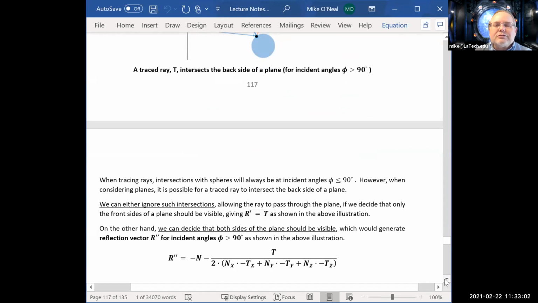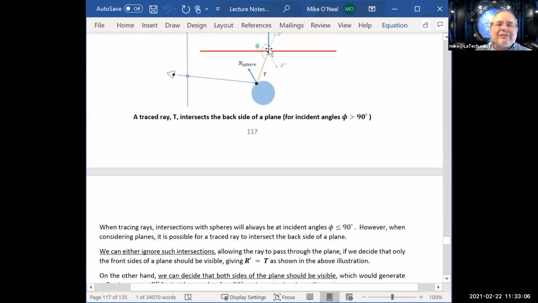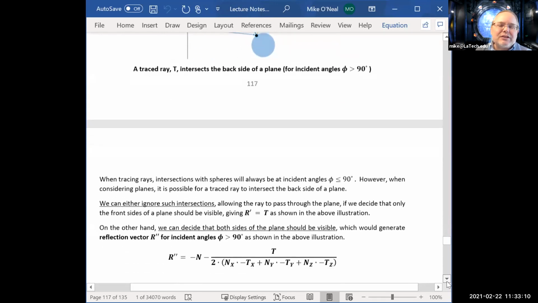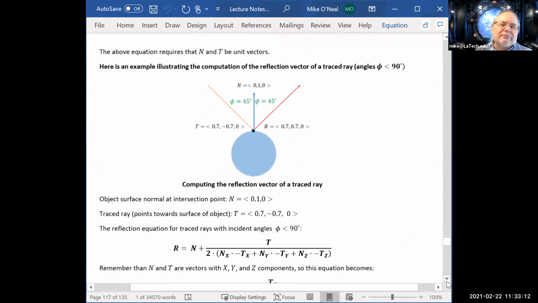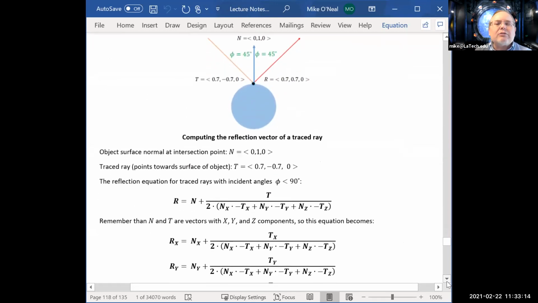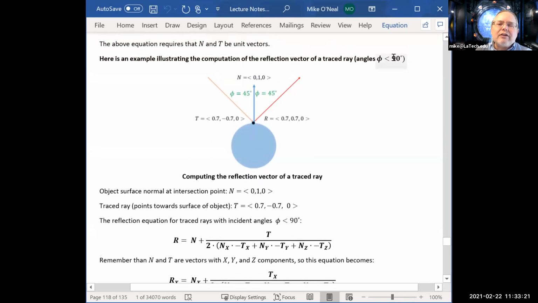But if you do want to have it bounce off the back side, then it's the same thing that we did before. If you go back and look at the lighting equations, this is just the case where phi is greater than 90 degrees.